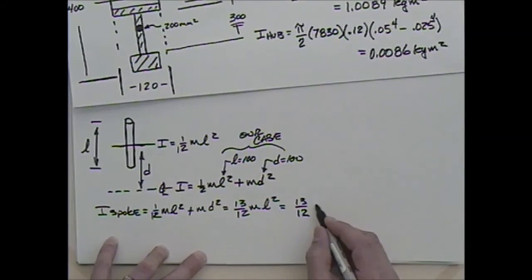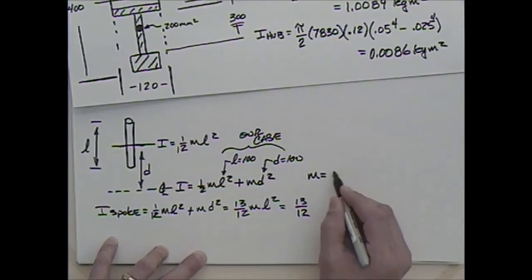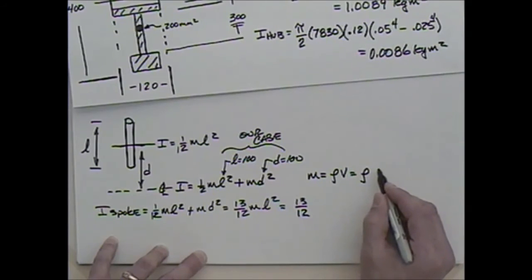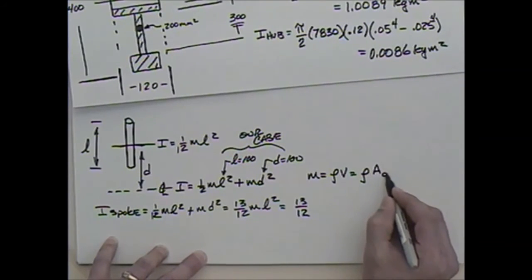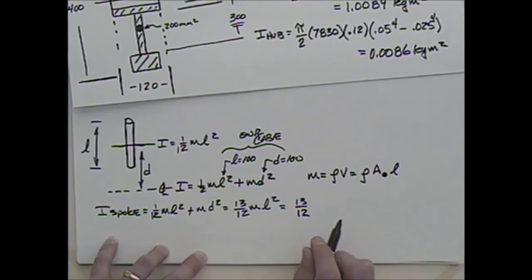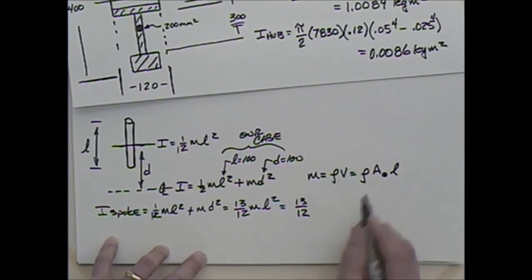Mass is going to be equal to the density times the volume, which would be equal to the density times the area, the circular area, times the length, right? So rho times the circular area times the length.